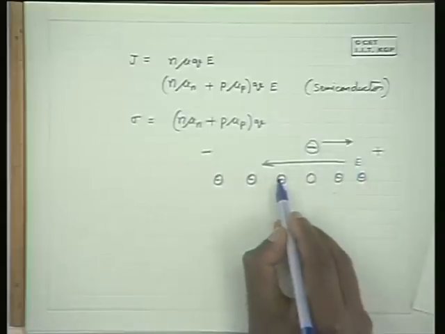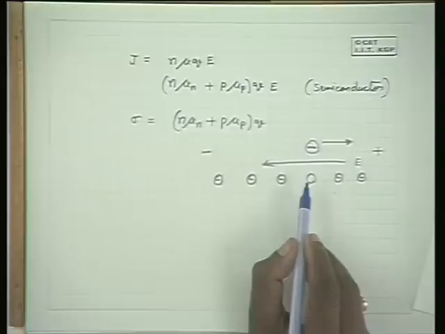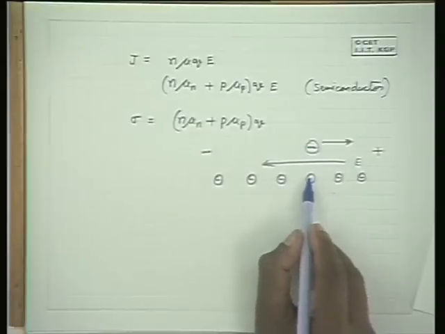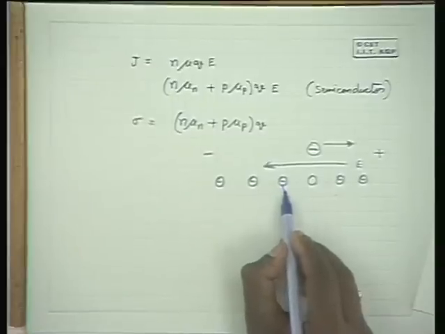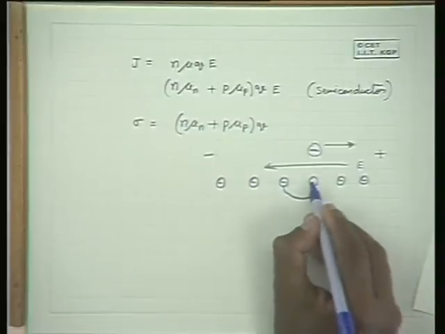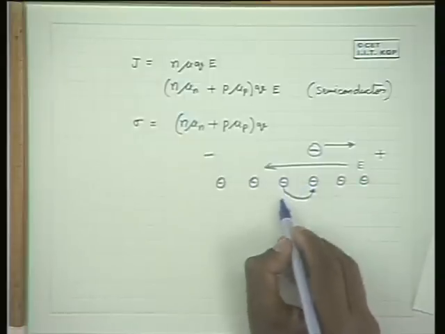What about this hole? This hole is not stable. This hole is within the covalent bond. It is possible for an electron from an adjacent atom to jump into this hole, make it electrically neutral, and create a hole here.